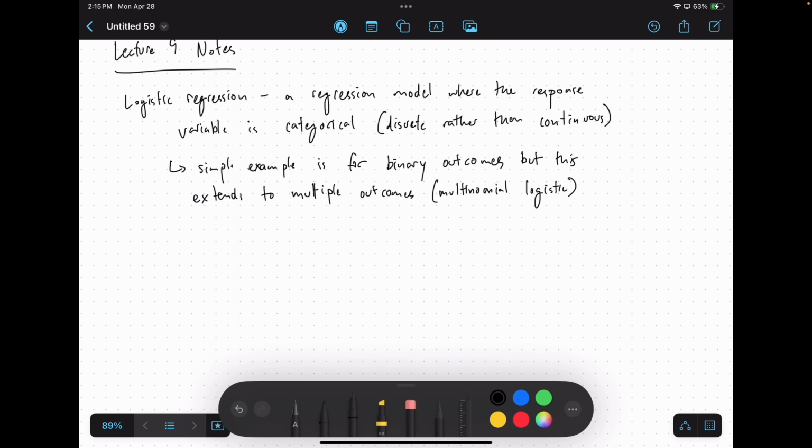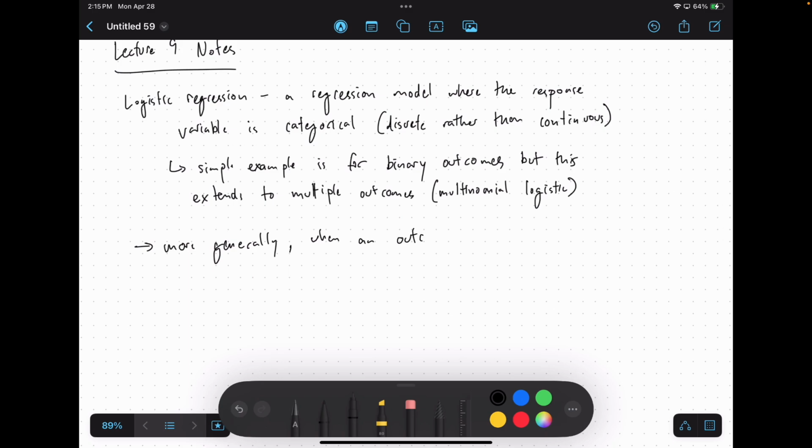So logistic regression, we're starting here because this is kind of the simplest method that folks have devised to be able to run a regression on a categorical variable. But more generally, it's not the only way to do it, just like a linear regression isn't the only way to run a regression on continuous data.